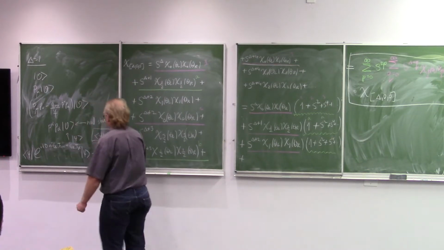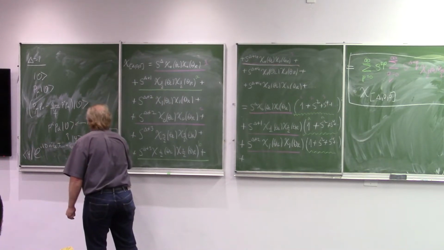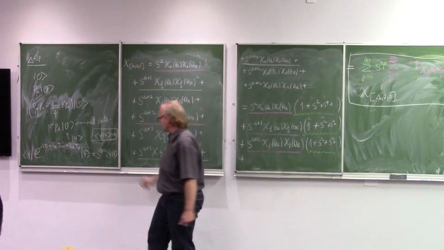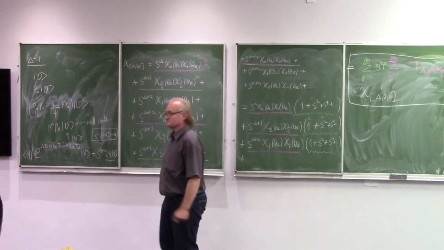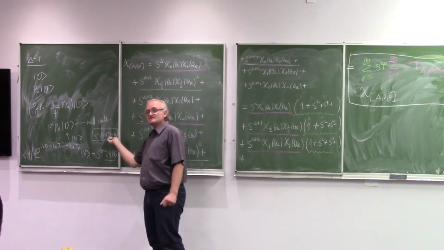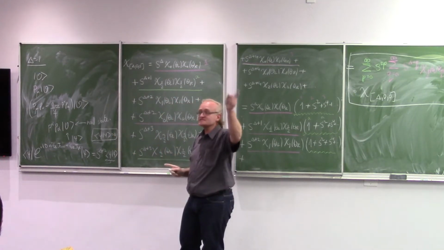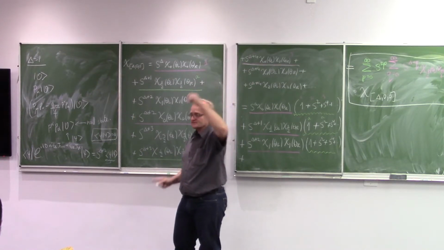This ends up giving us s to the delta plus 2, but it should be multiplied by psi. And I just kept assuming up to now that psi is 1. But we proved yesterday psi is naught.